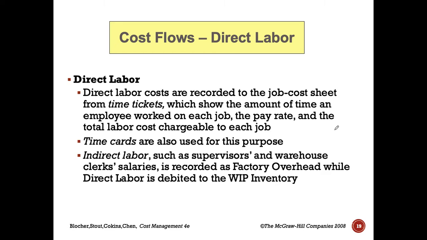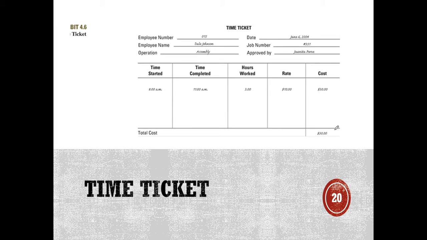Time cards are also used for these purposes. Indirect labor such as supervisors' and warehouse clerks' salaries is recorded as factory overhead, while direct labor is debited to the WIP inventory. This is an example of a time ticket.